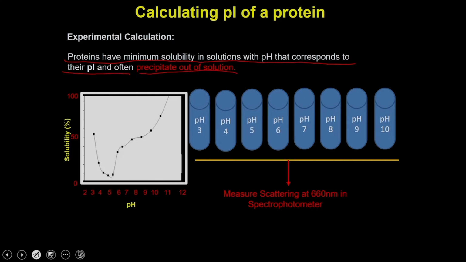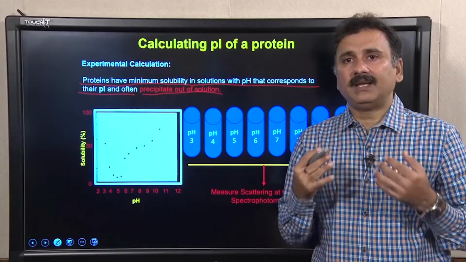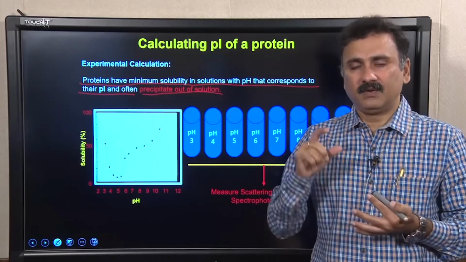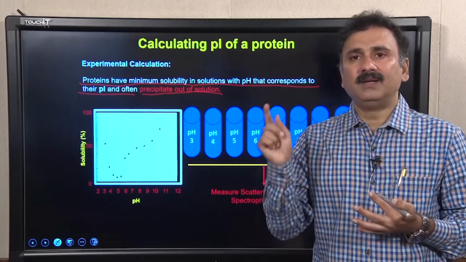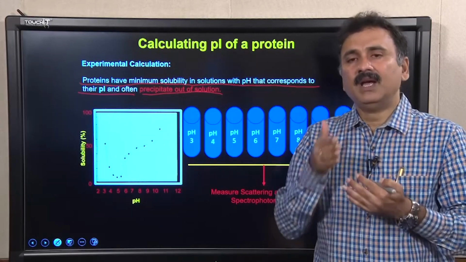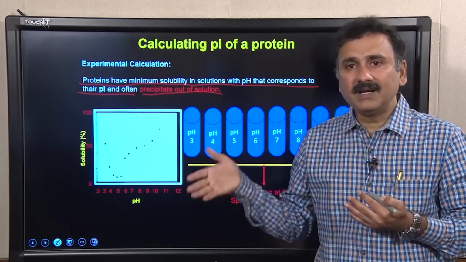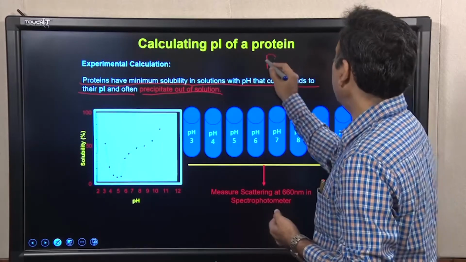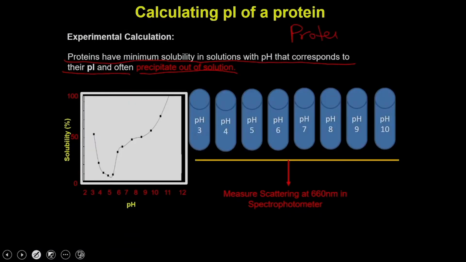When the protein precipitates, it starts to form particles. So, when you reach the pI value, it is going to start showing insoluble particles, and these small particles are going to show scattering of light.